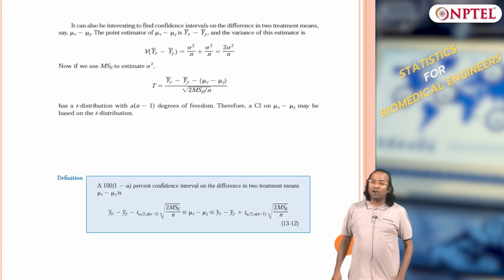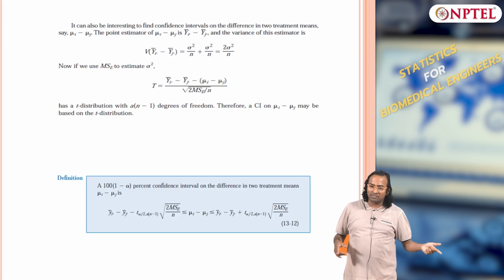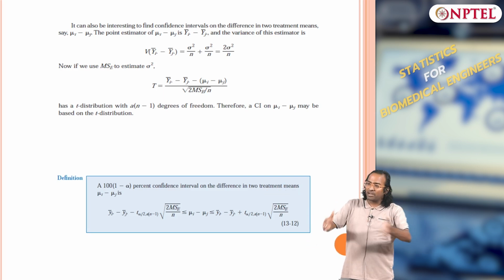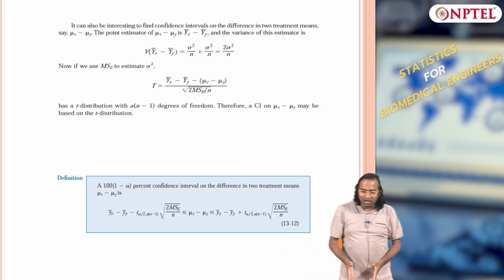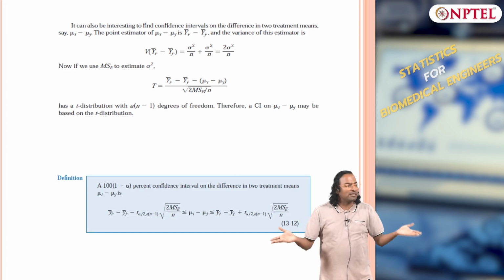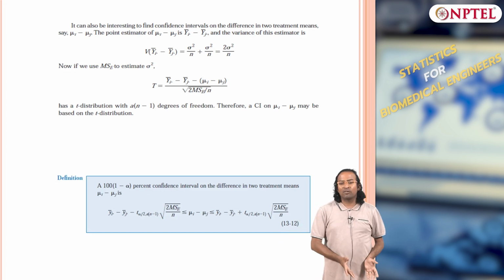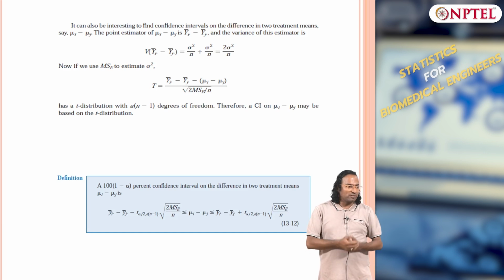So you can now do 2 population, 3 population, whatever you want to. 1 population we did multiple, then you can construct a confidence interval, then you can do an individual hypothesis test, or you can do a 2 sample hypothesis test, that is whether the difference in mean is significant or not. You can do that because sigma 1 square we know as MSE, sigma 2 square is also MSE.